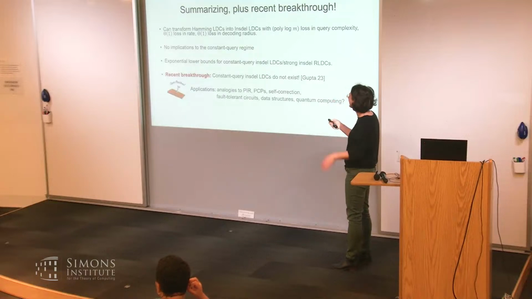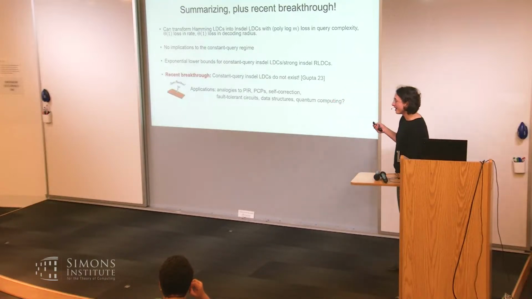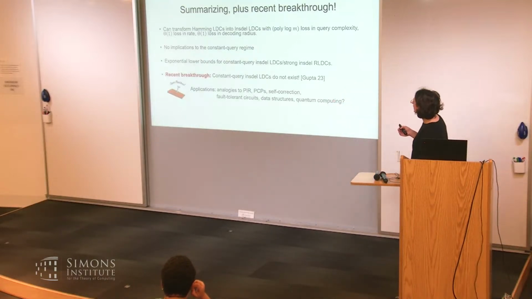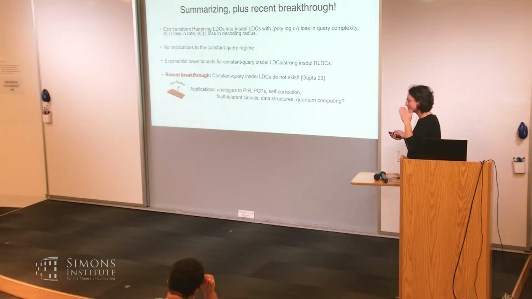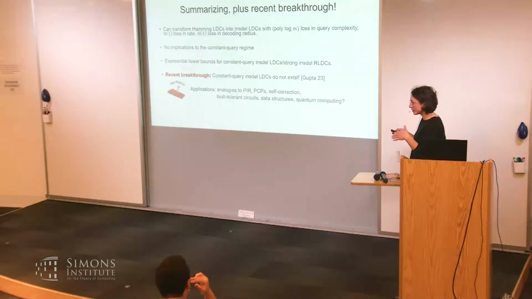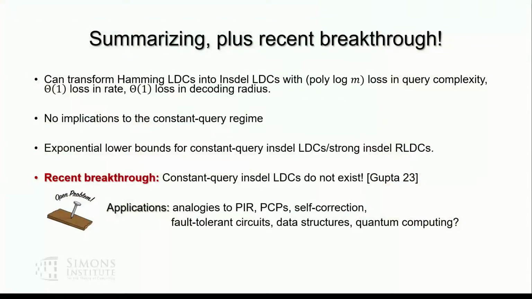So the distance would become what? It's the amount of error, right? So a loss in the rate and the amount of error that you can withstand. And if you withstand with a previous LDC, okay, I got it.